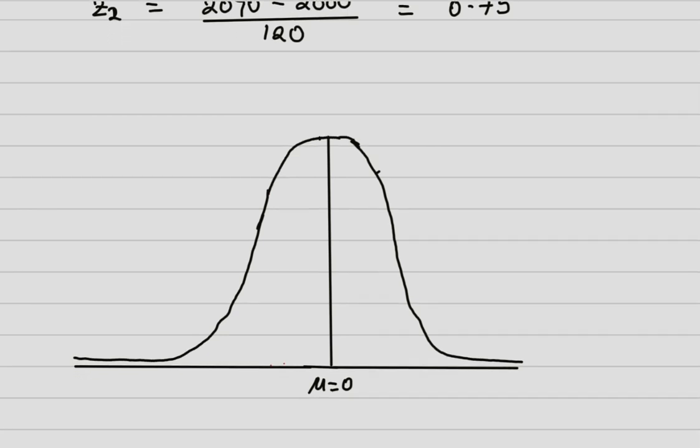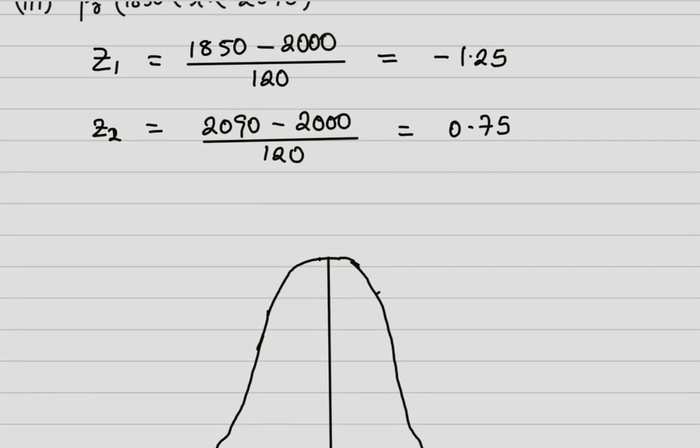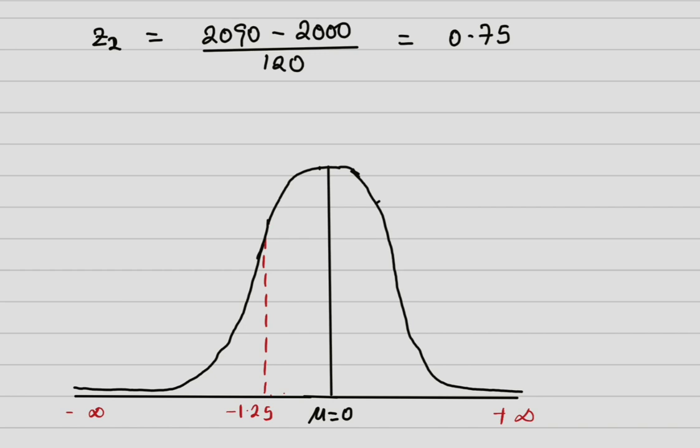Now the curve is on the screen. Remember, this increases from negative infinity, all right, and this is positive infinity. Now we have minus 1.25. So let's say this is where my z score is minus 1.25. Then we have 0.75.